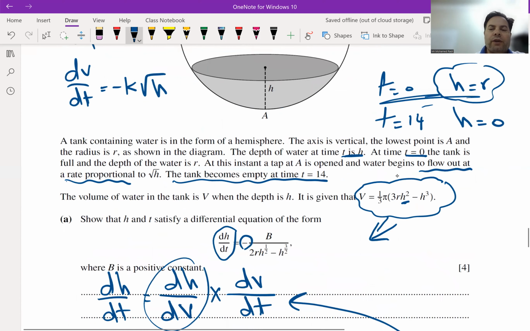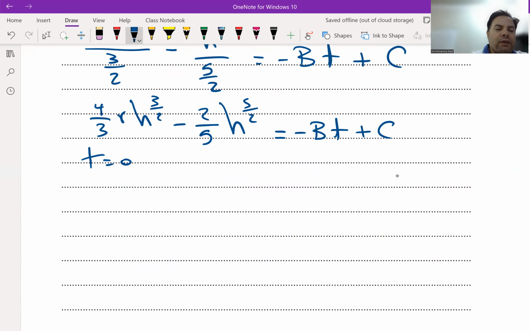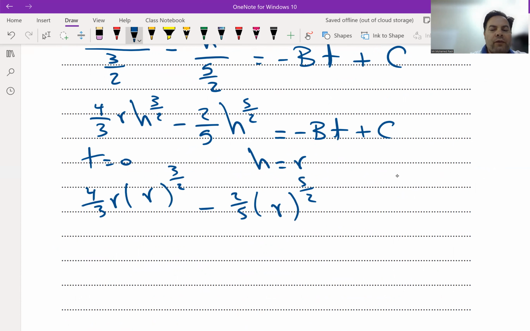When t is 0, h is equal to r. When t is equal to 0, you can remove h and write r. So 4/3 r times r^(3/2), minus 2/5 r^(5/2), is equal to c. Simplify: 4/3 r^1 times r^(3/2) will be r^(5/2), minus 2/5 r^(5/2), is equal to c.